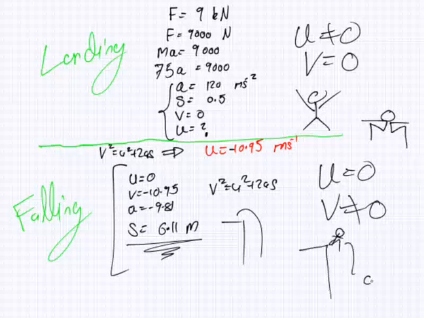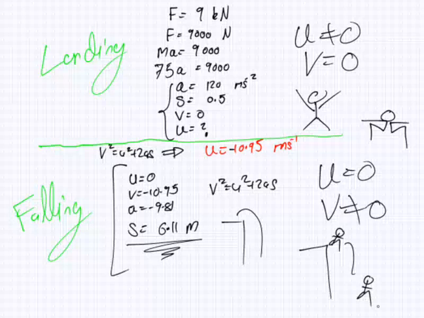So for the last part you're working backwards. He can bend his legs 50 centimeters and the maximum force is 9 kilonewtons. So the force is 9,000 newtons. But F is MA.